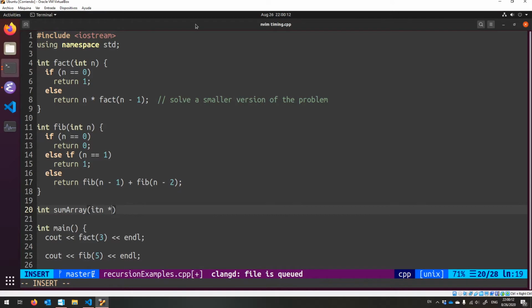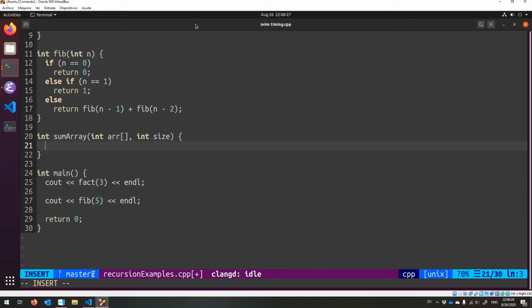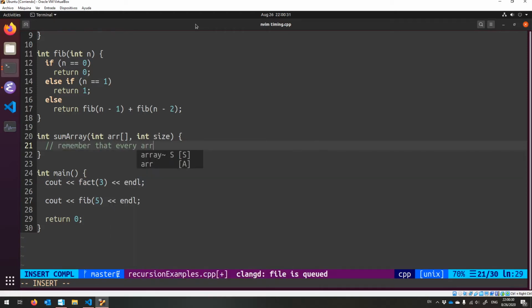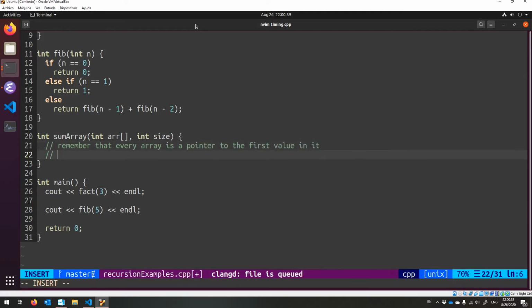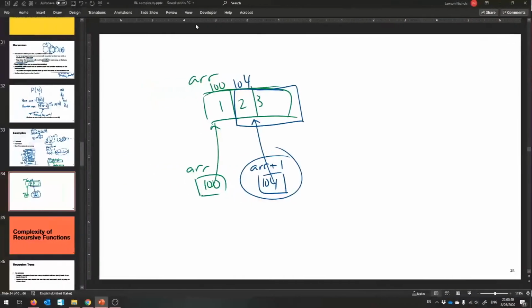So we have int star array, and then int size. And so, remember that every array is a pointer to the first value in it. To get the sum of an array, I can do the following.